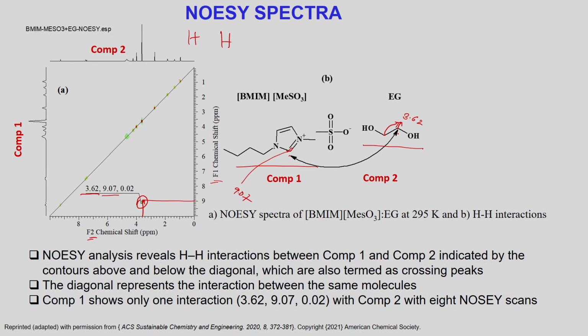So, the NOESY analysis reveals hydrogen-hydrogen interaction between component 1 and component 2, indicated by the contours above and below the diagonal, which are also termed as cross peaks. The diagonal represents the interaction between the same molecules. Here we are only showing one interaction with component 2. So, this is how you can relate where the protons or active sites actually interact.